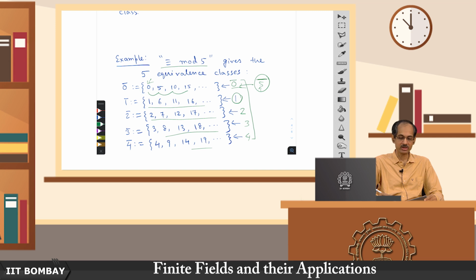We usually take the smallest integer as the representative, and so this we can say is the equivalence class of 0, this is the equivalence class of 1, this is the equivalence class of 2, 3, 4. So, 0 bar denotes a set, it is the set of all integers whose remainder is 0 when divided by 5, right. So, that set is denoted by 0 bar, that is the equivalence class represented by 0.